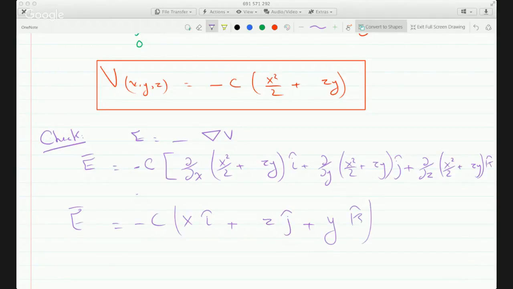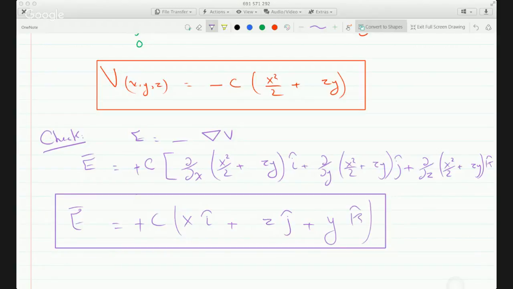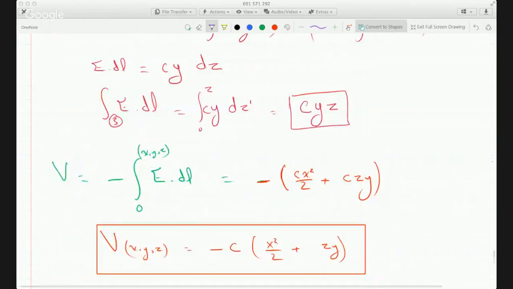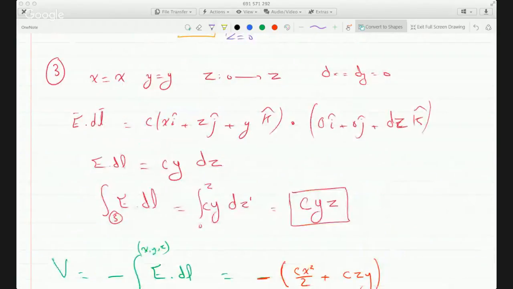And so indeed, we do get the electric field back. That is minus minus, so this makes it plus, because the c is negative. So that means it checks. So this is how you could figure out the potential from the electric field along an arbitrary path.